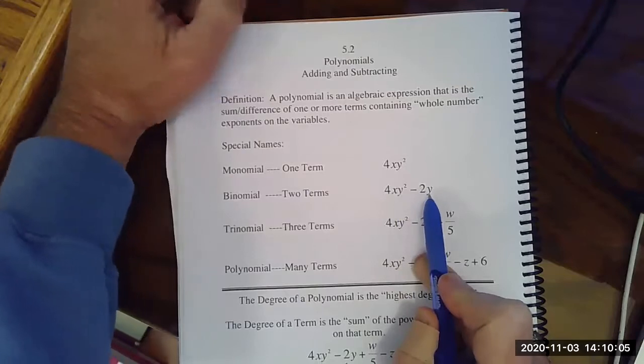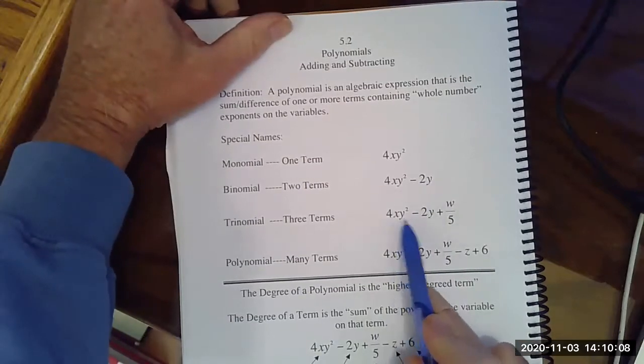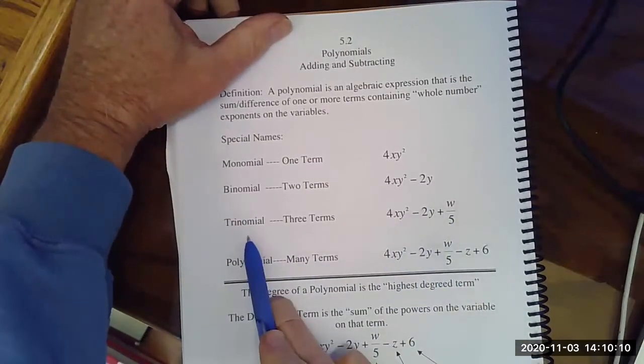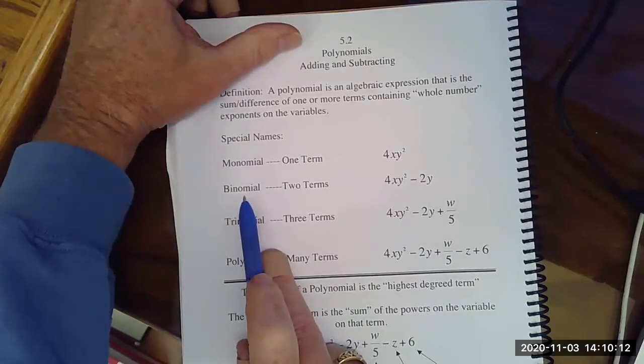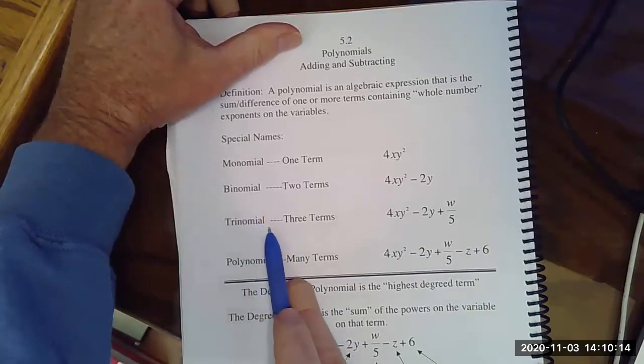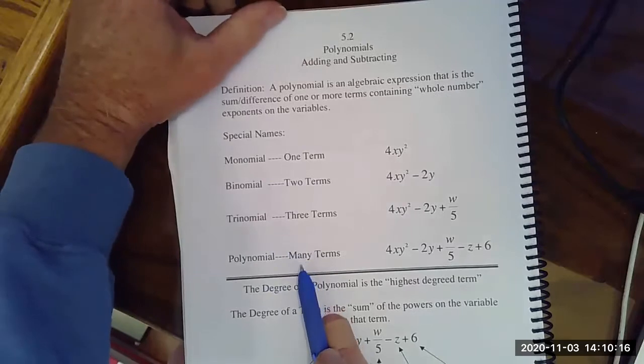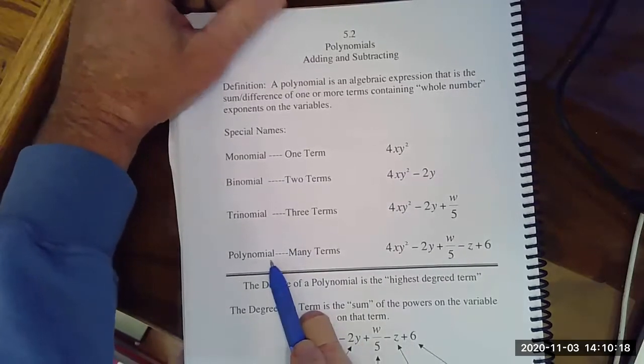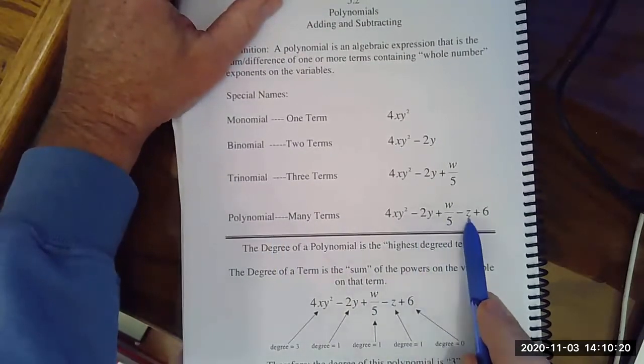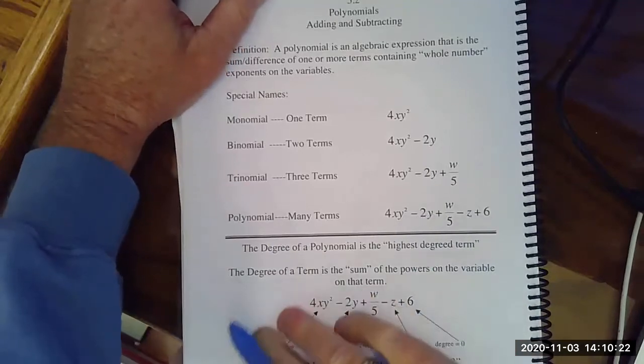First term, second term. 3 terms, 1, 2, 3. We call it a trinomial for 3 terms, binomial for 2 terms. Anything beyond 3 terms doesn't have a special name. We would just say it's a polynomial. And we have 1, 2, 3, 4, 5 terms on this one.